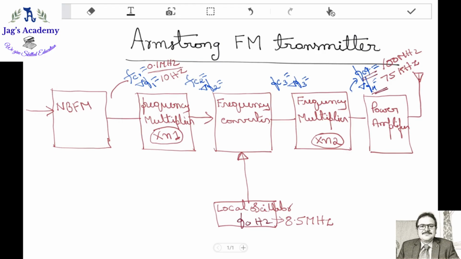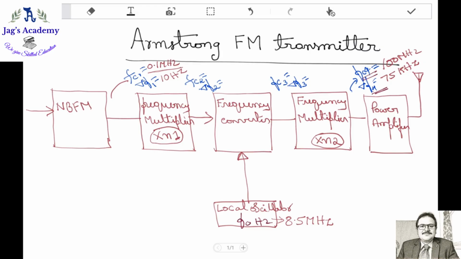Now let us proceed to find the value of N1 and N2. We are starting with a frequency deviation of 10 hertz, and we have to reach a frequency deviation of 75 kilohertz. So what is the multiplication factor required?